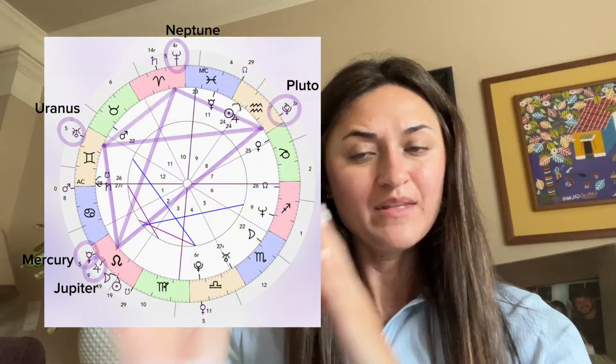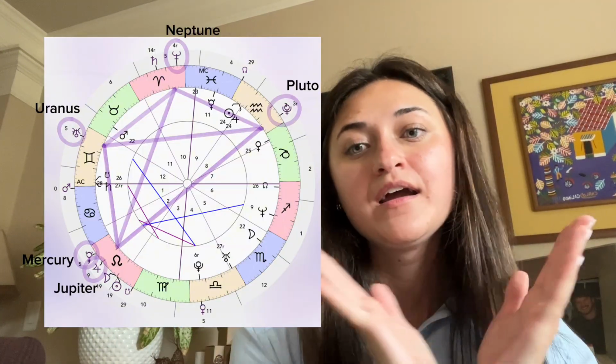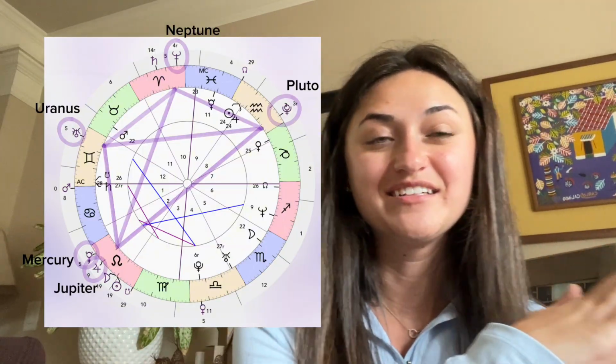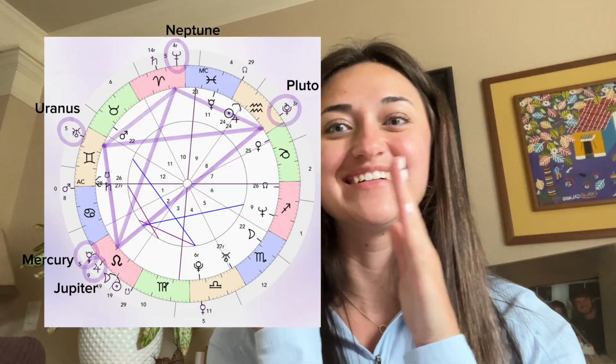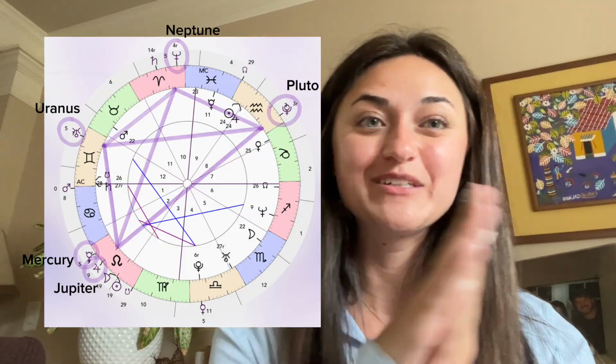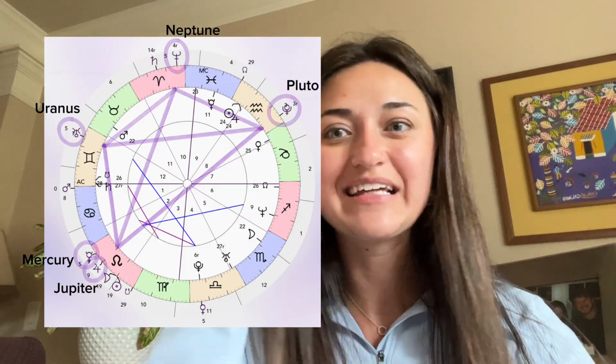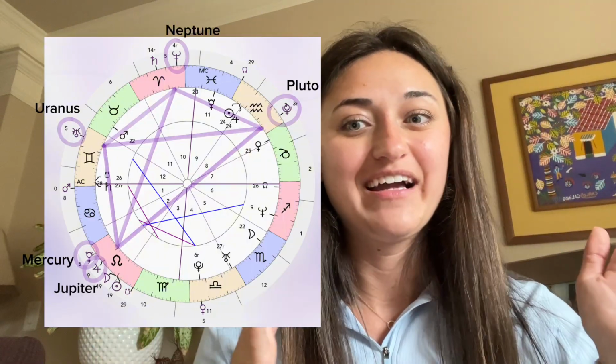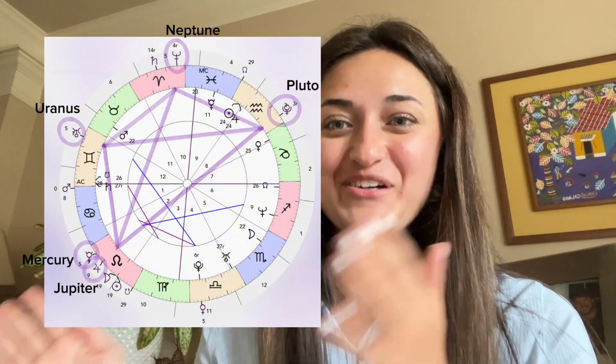Neptune is at 4 degrees and Pluto is at 4 degrees, and they're all making angles to each other. So Pluto is sextiling Neptune, and Neptune is sextiling Uranus, Uranus is sextiling Jupiter, Jupiter is opposite Pluto, and so on. Jupiter's trine Neptune, Pluto is trine Uranus.